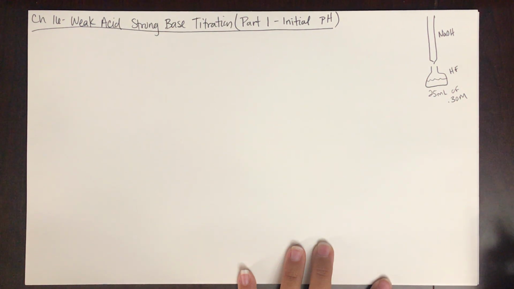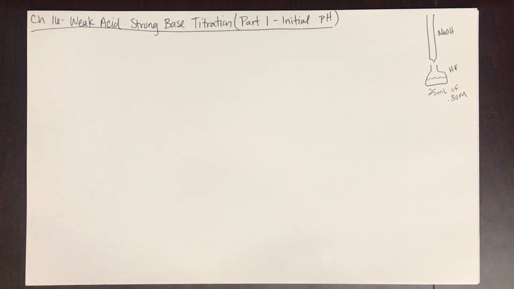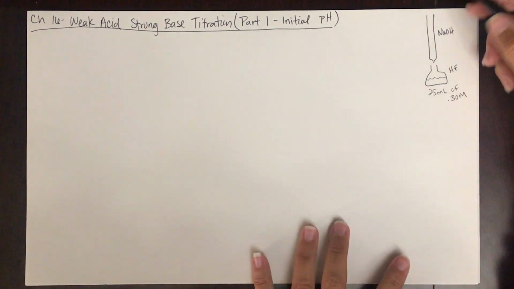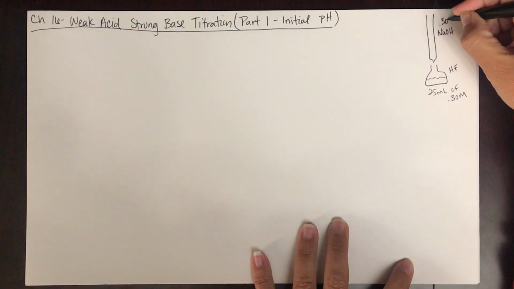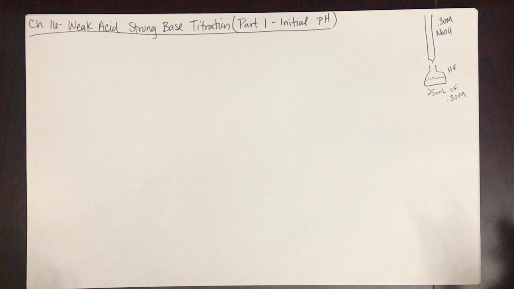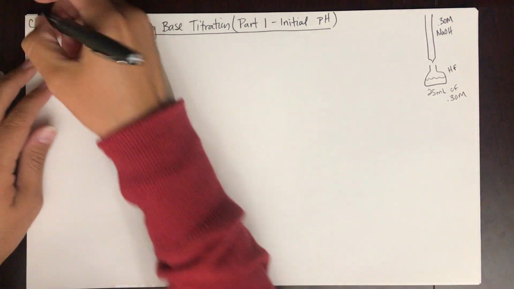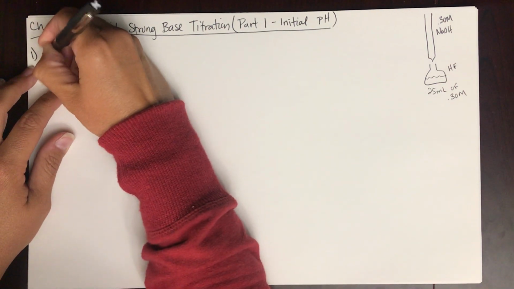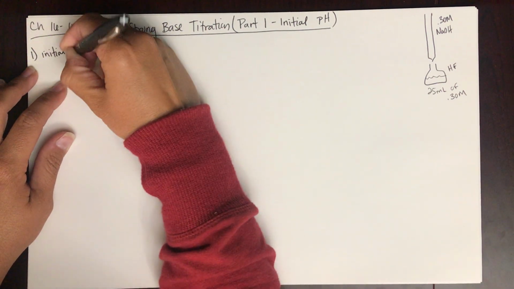In the burette, we have 0.30 molar sodium hydroxide. So part 1 of this 5-step titration is the initial pH.